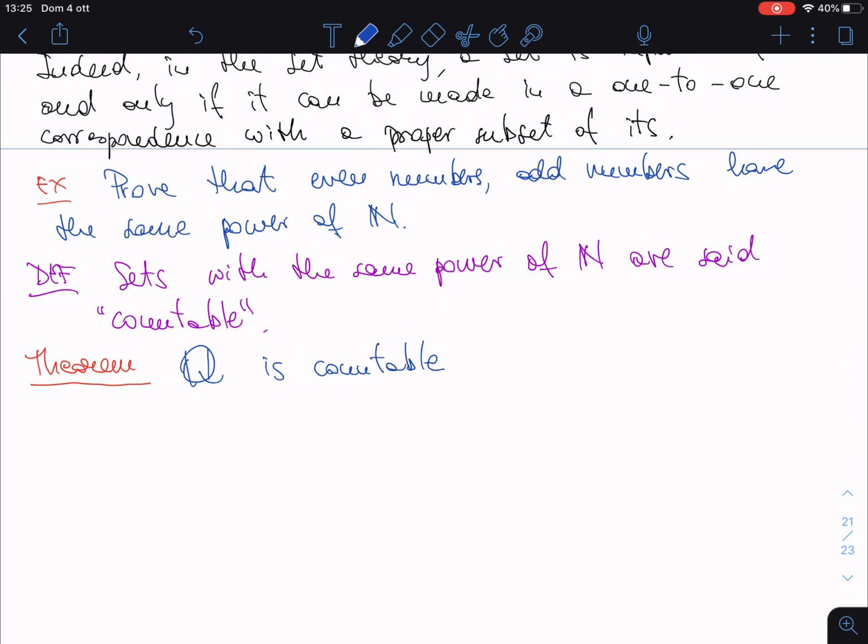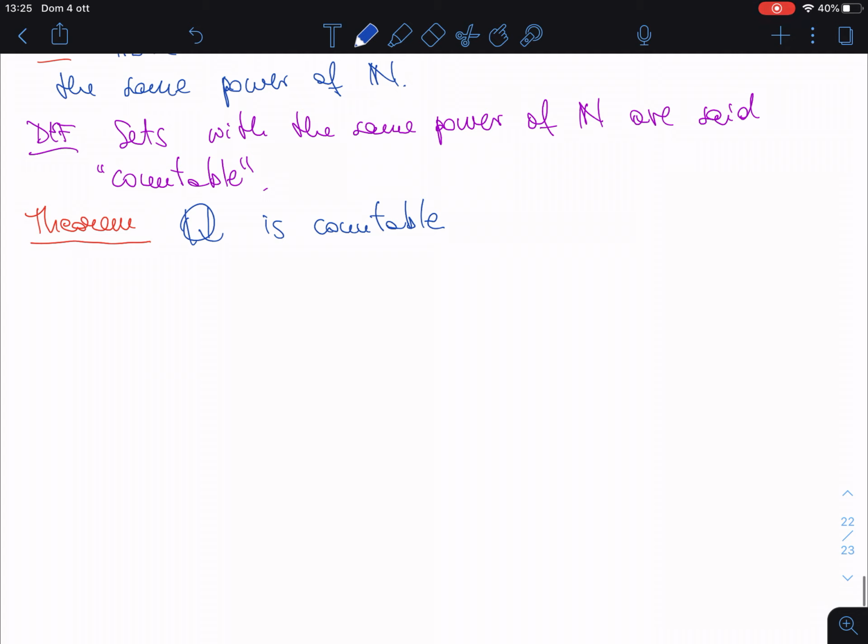And what is surprising about this fact? What is surprising is that the list of rationals doesn't follow the growth of naturals. So you cannot say 1, 2, 3, like for instance for naturals. For rationals, you have to do another list.